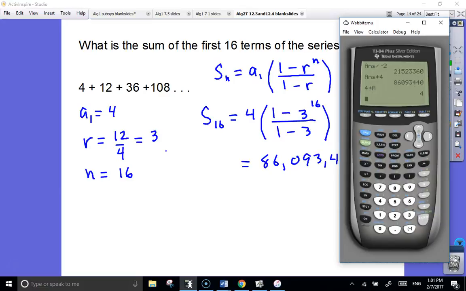Okay, now we got to store R. R is 3. So first you hit the 3, then you hit the store, then you hit the alpha R, which I said was on the multiplication key, so that's there. Okay? And next we got to store 16 for N. 16 store alpha N. There we go.